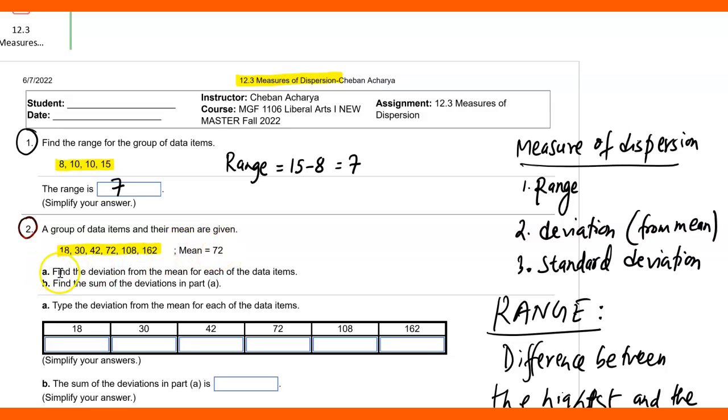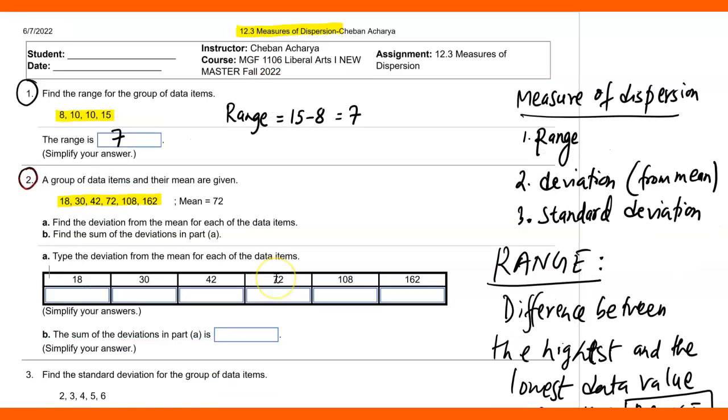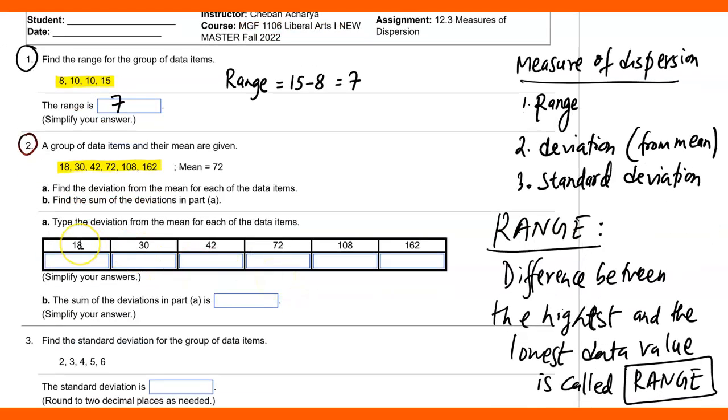The first question is to find the deviation from the mean for each of the data items. In other words, 18 is how far from the mean. That's called deviation from the mean. What you have to do is subtract data minus mean. That's how you find the deviation. Deviation can be found using the formula data minus mean.